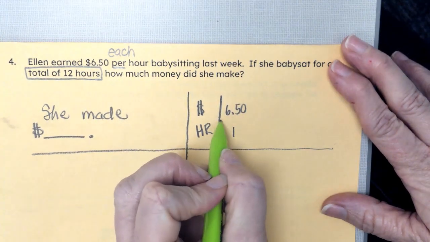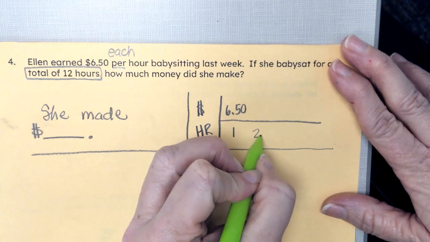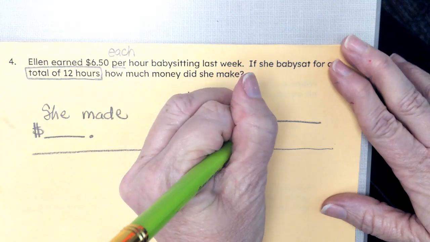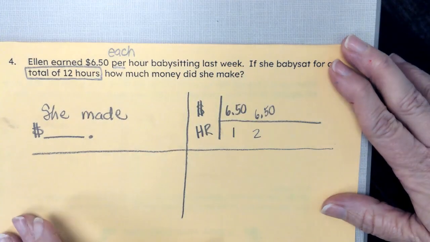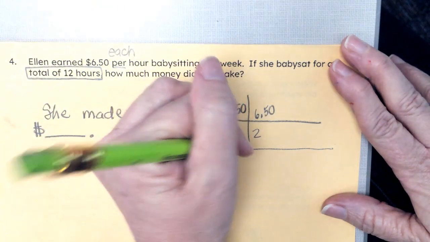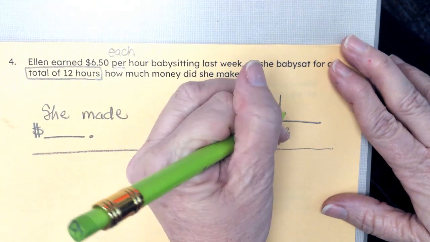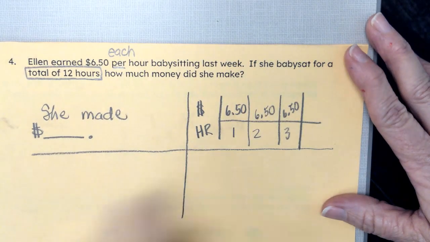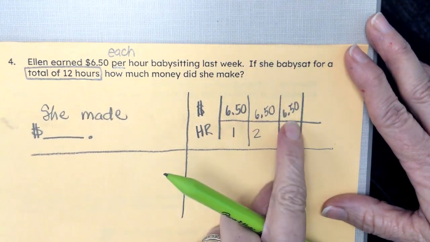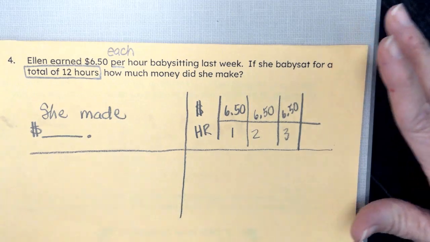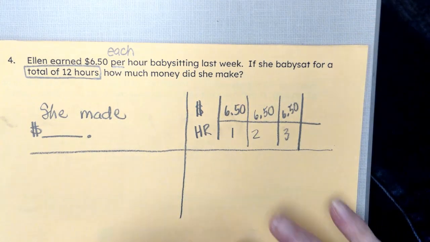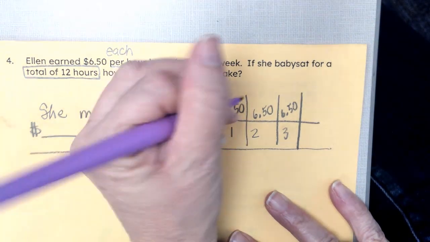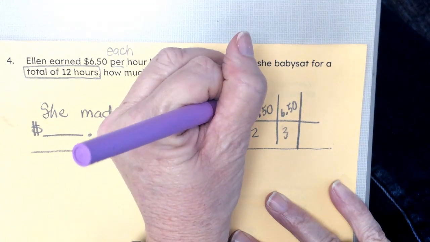If she works another hour, she's made another $6.50. If she works a third hour, she makes $6.50. And it looks to me like she's making the same amount every time. So do we have equal or unequal pieces? That's right, we have equal pieces.